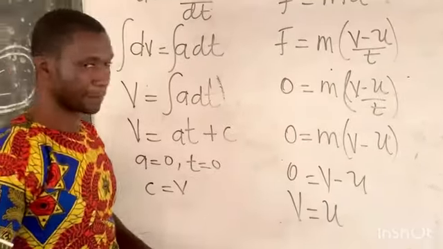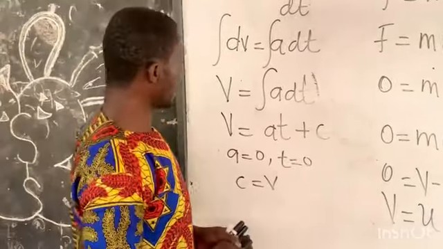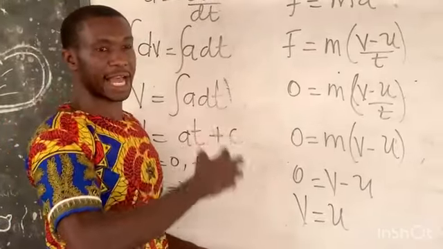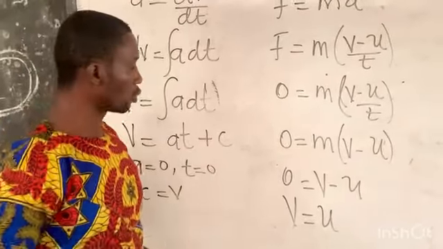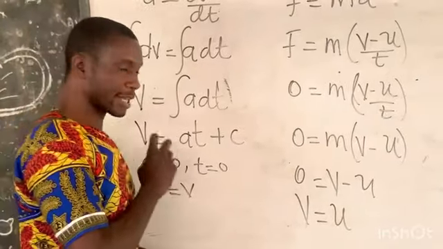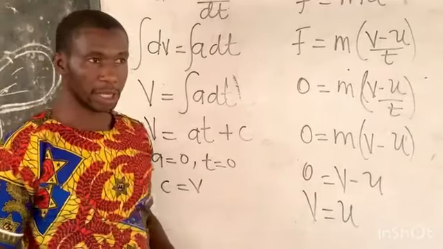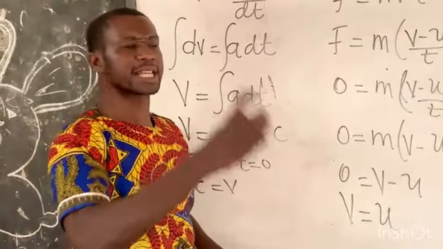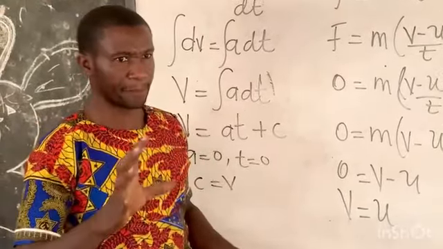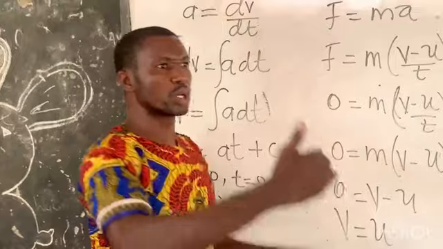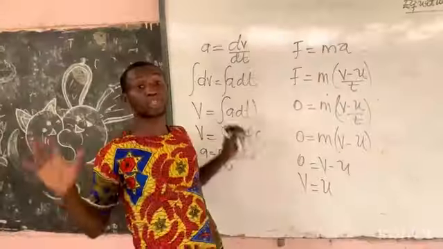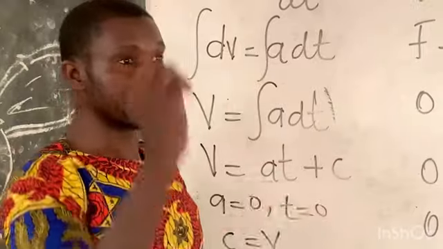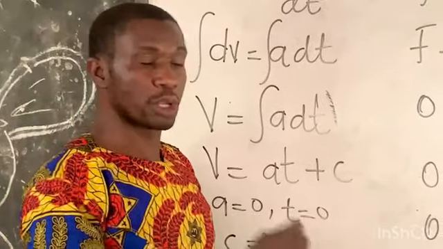So the circumstances where final velocity equals initial velocity are when the net force acting on an object is 0, and also when acceleration is 0. The third one is when an object is moving with constant velocity, because there is no change in velocity. So when a body is moving with constant velocity, the initial velocity will be equal to the final velocity.